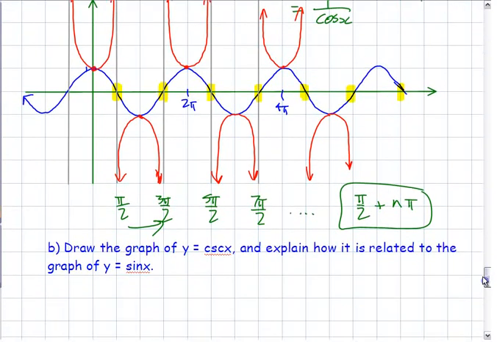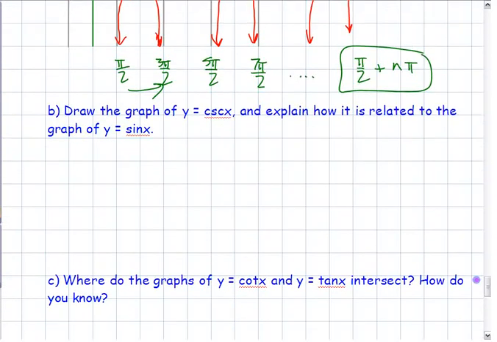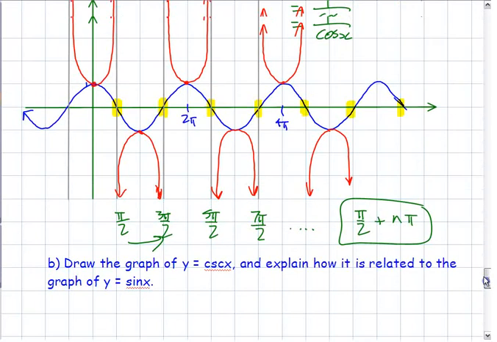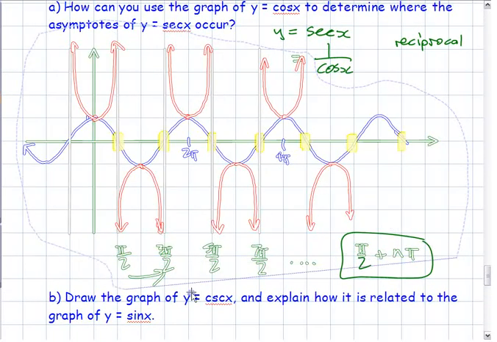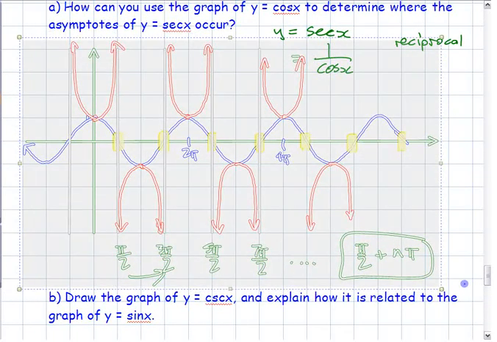Next, we're looking at the graph of cosecant, and explain how it's related to the graph of sine. Well, I'm actually going to cheat a bit here because it's going to be the same shape as the one up here. So let's copy this and paste it. We can think about how it's different.